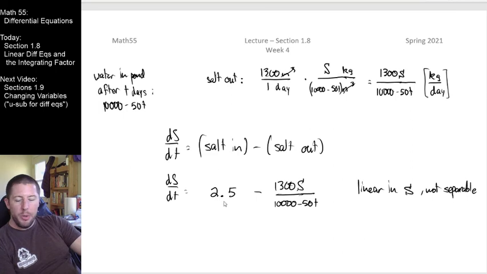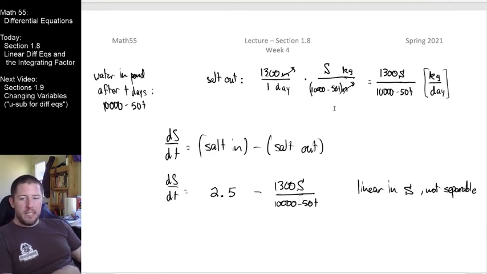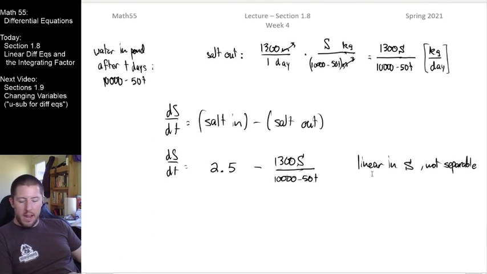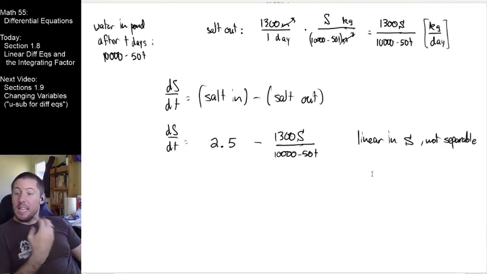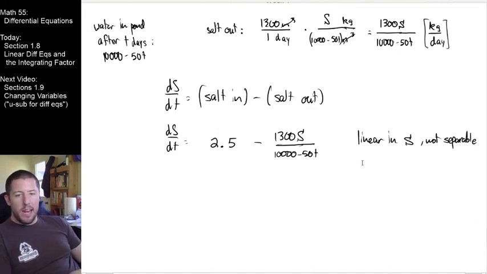Something that always ruins being separable is the addition or subtraction of a constant. That 2.5 right there really makes it awfully tough for things to ever be separable. So I know I couldn't have solved this problem using our previous techniques from section 1.2, but since this has just a linear S term in it, I think that we can handle this guy.